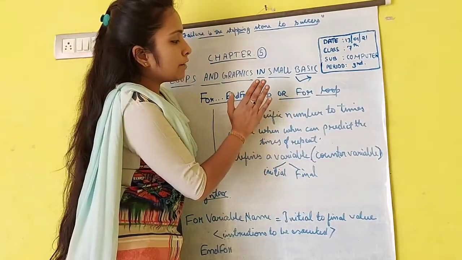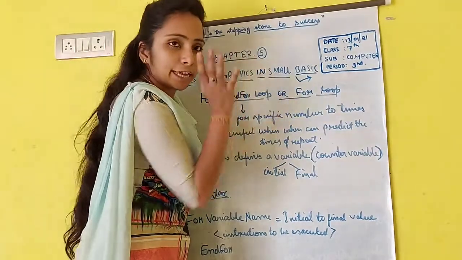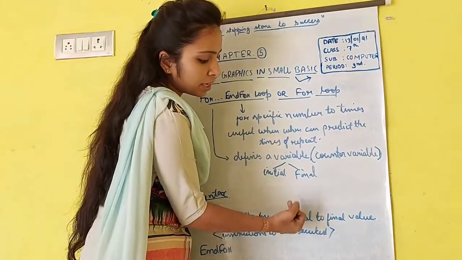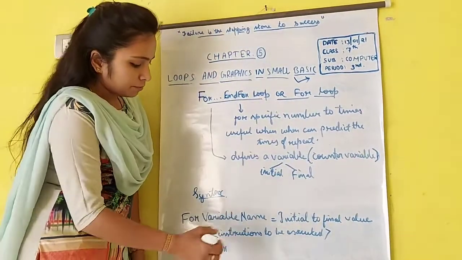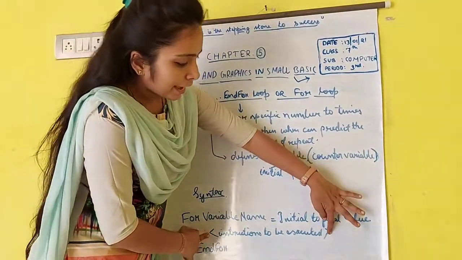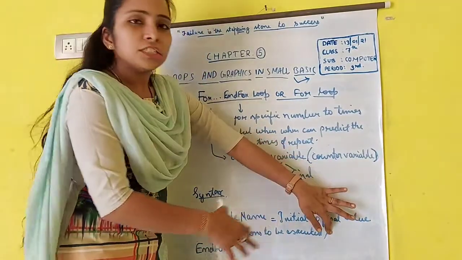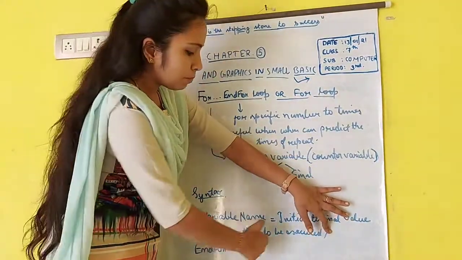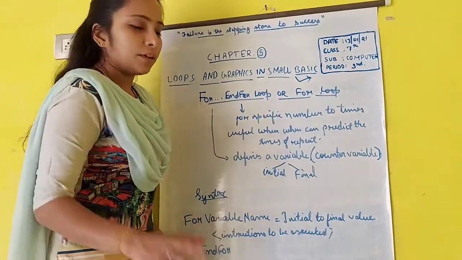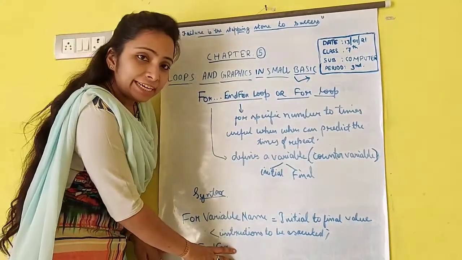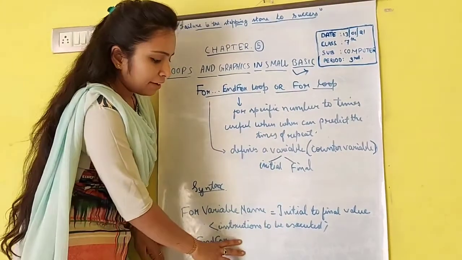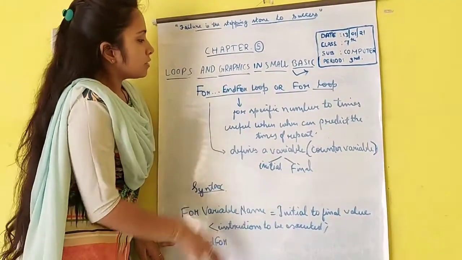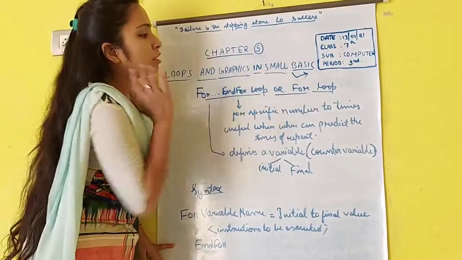Suppose I want to repeat a particular thing 10 times, so initial I will write 1 to final 10. Then within this block, we write the instruction that we want to repeat, such as the sum of 2 numbers or sum of 5 numbers. Then we end it with EndFor. So this is about the For loop.